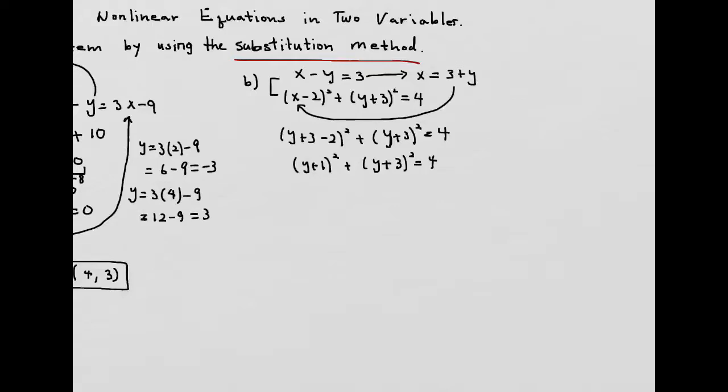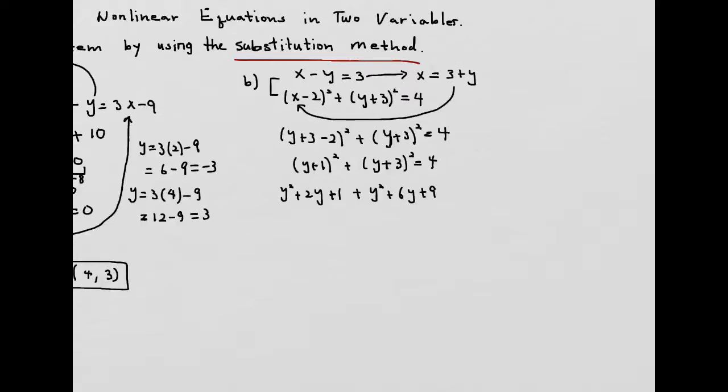Y plus 1 squared, when you FOIL this, make sure you don't just distribute the square, right? So when you FOIL this, you get y squared plus 2y plus 1. And when you FOIL y plus 3 squared, you get y squared plus 6y plus 9.